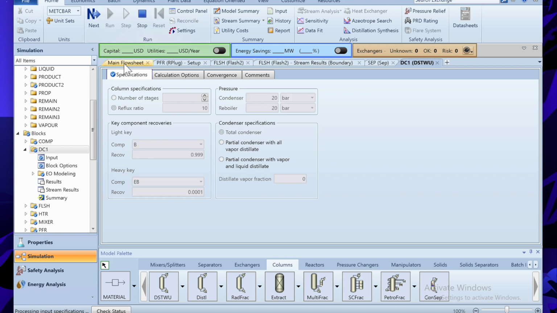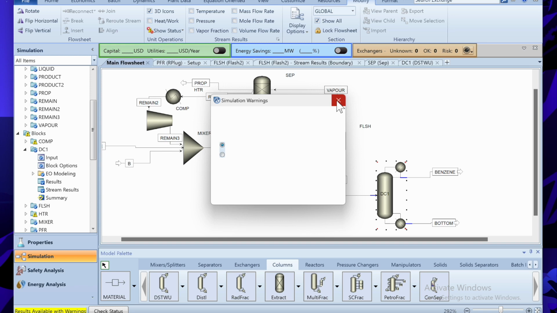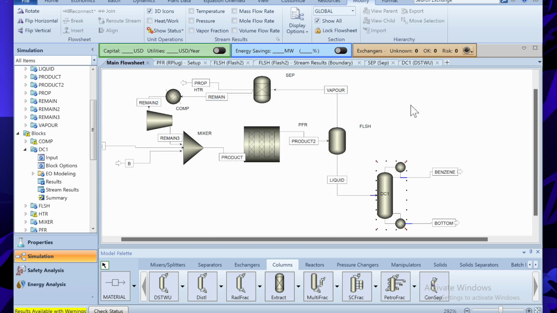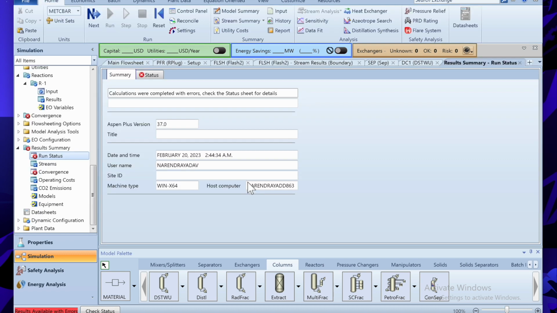Now let's, okay, we have to recycle back the benzene. So now there is an error.